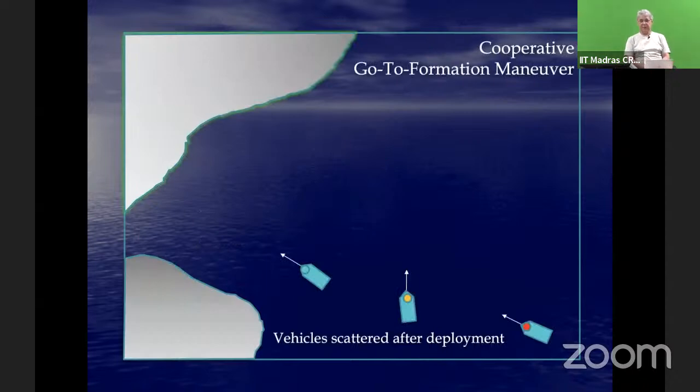There's also a very interesting maneuver. And again, this may sound very naive, but I'm going to give you an example where this maneuver is indispensable. Suppose you have, for example, 5, 6, 7, or 8 vehicles in the water, even at the surface before they start diving.